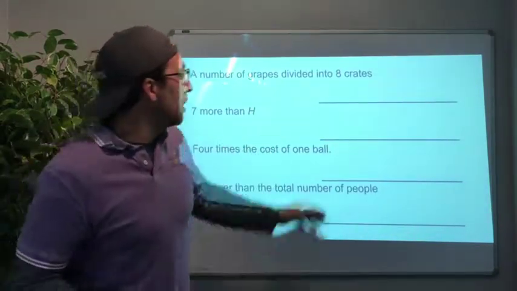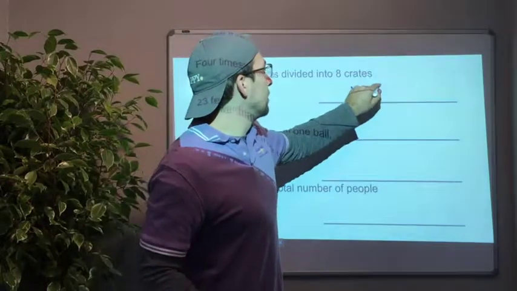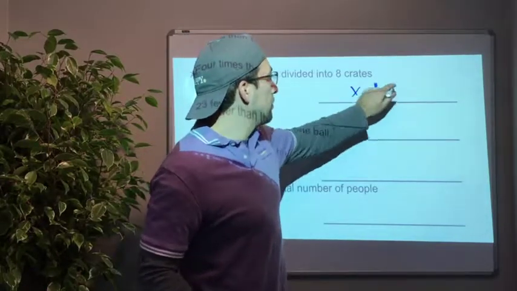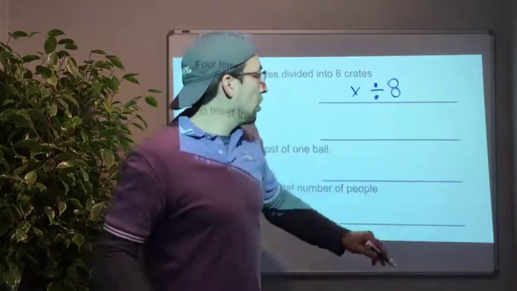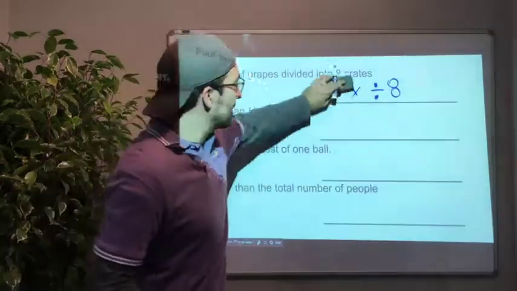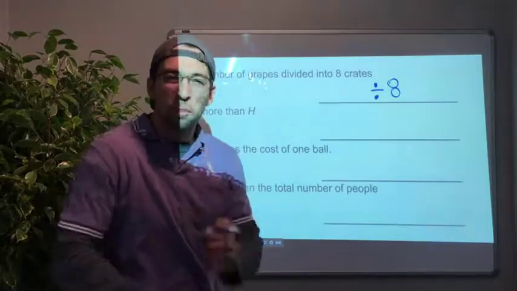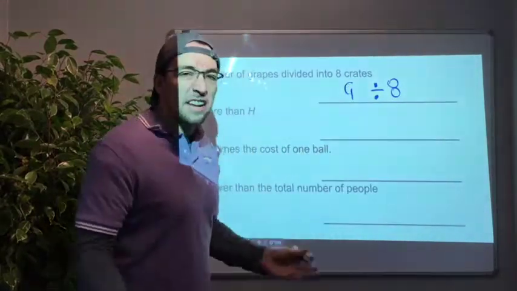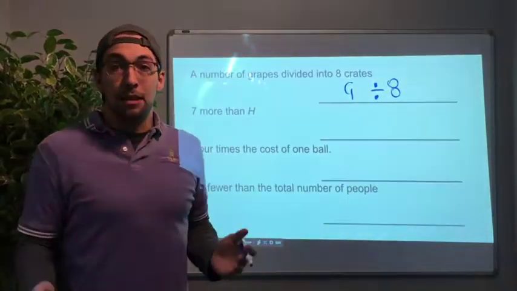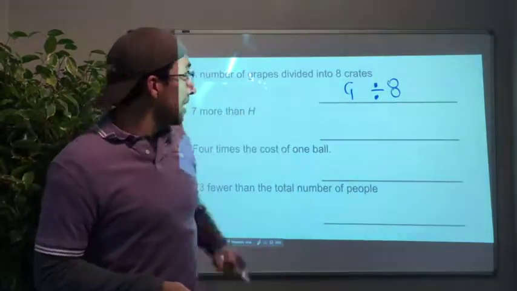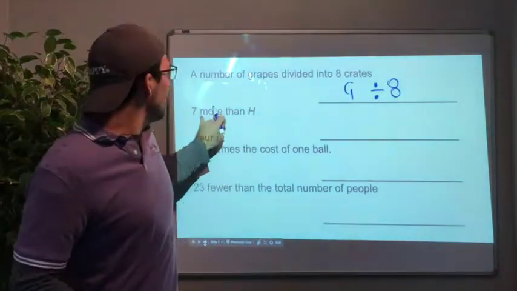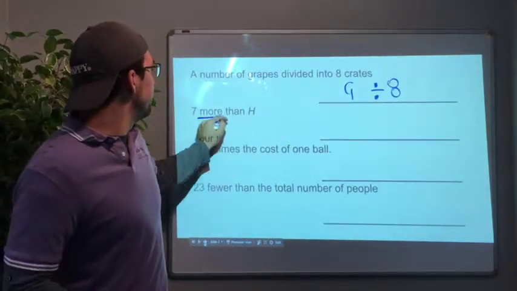So we could say x divided by 8. Or let's say g instead of x, because it doesn't matter. We don't want to confuse multiplication with the letter x. So let's say g divided by 8. That is a variable expression. That's an algebraic expression.